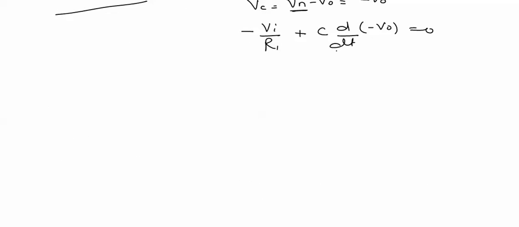Now solving this expression, minus Vi upon R1 minus C into d by dt of V naught will be equal to 0.